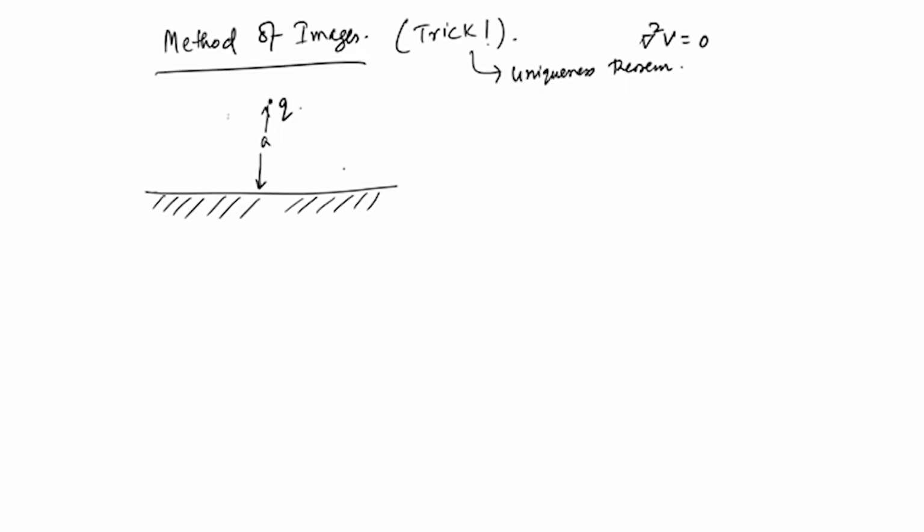So, what you do is completely change this problem to a problem where you do not have a conducting plane, but you have a charge at a distance a, and you also have a charge minus q at a distance a in the other direction.